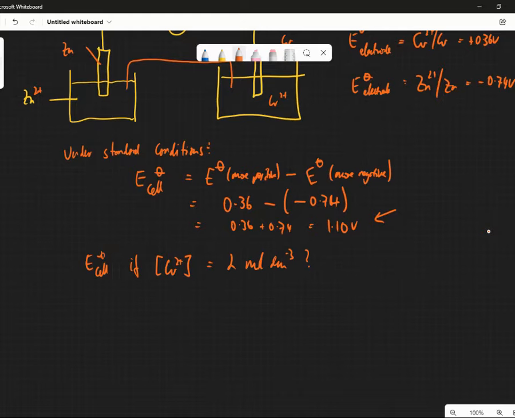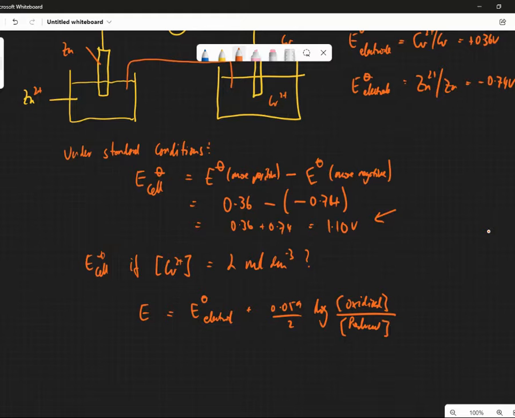Okay, what's the concentration now? Now watch. This is what everyone gets wrong. They think they can work this out just using the Nernst equation. And a student will do this: E is equal to E standard of the electrode plus 0.059 over Z into log oxidized over reduced.